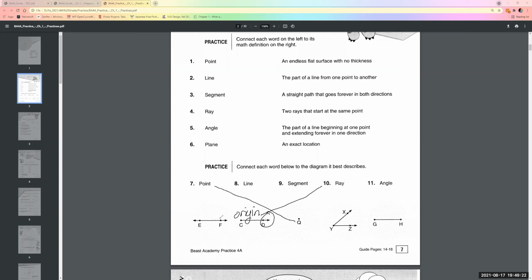A line is a segment, except it extends on both sides. Oh, it's the first. Yeah. Does that make sense? So a ray only extends in one direction, a line extends in both, and a segment extends in zero directions. And then you got this one right.